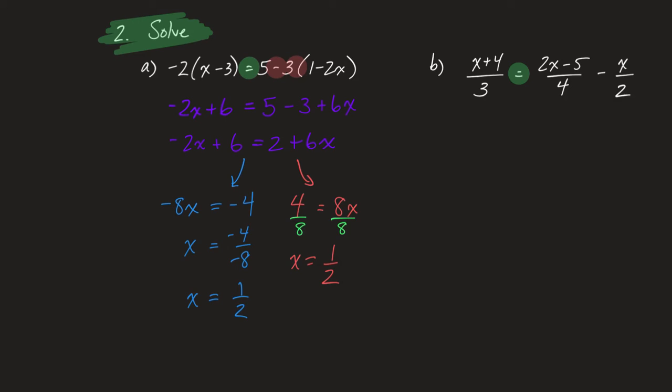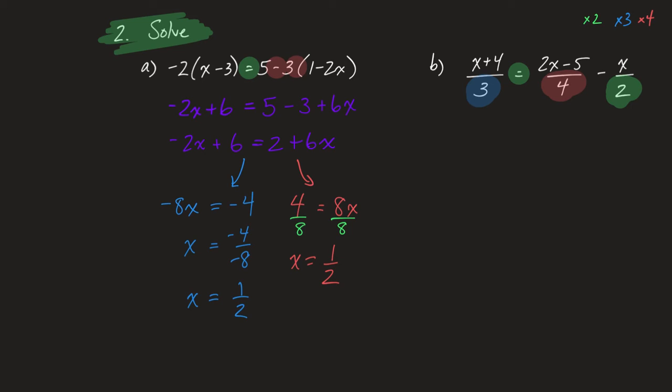Notice that for me to get rid of my first divide by 3, I would have to multiply by 3. For me to get rid of my divide by 4 would mean that I would have to multiply by 4. And for me to get rid of my divide by 2, I would have to multiply by 2.